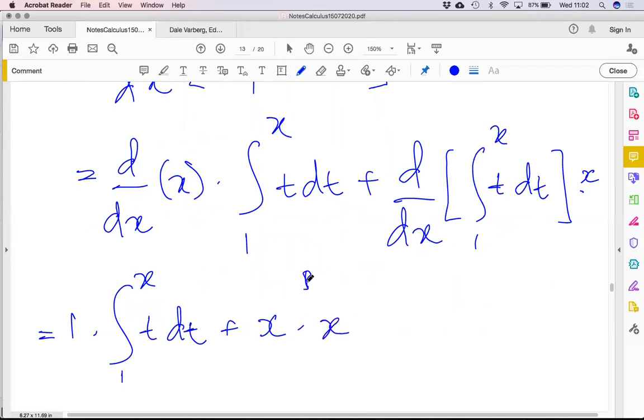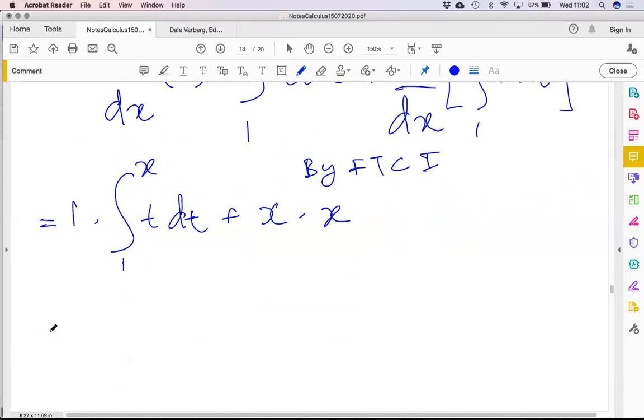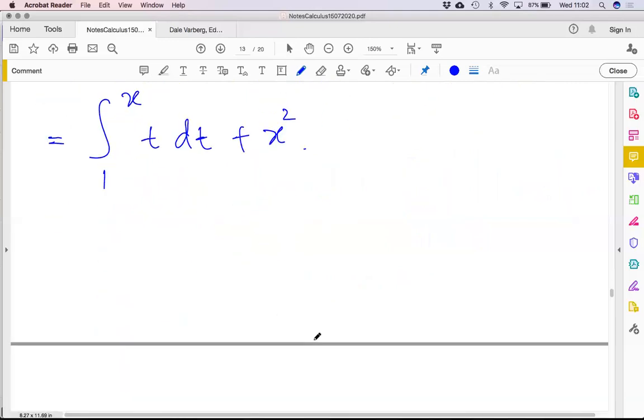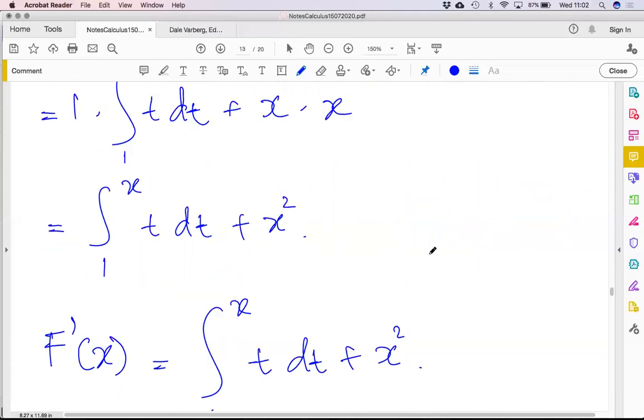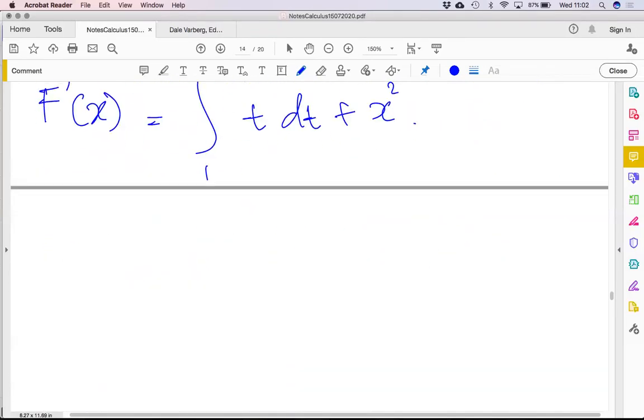By the fundamental theorem of calculus 1, we then have the integral from 1 until x of t dt plus x squared. So this is the final result. Then we have f prime x is the integral from 1 until x of t dt plus x squared. Okay, that's for number 4.